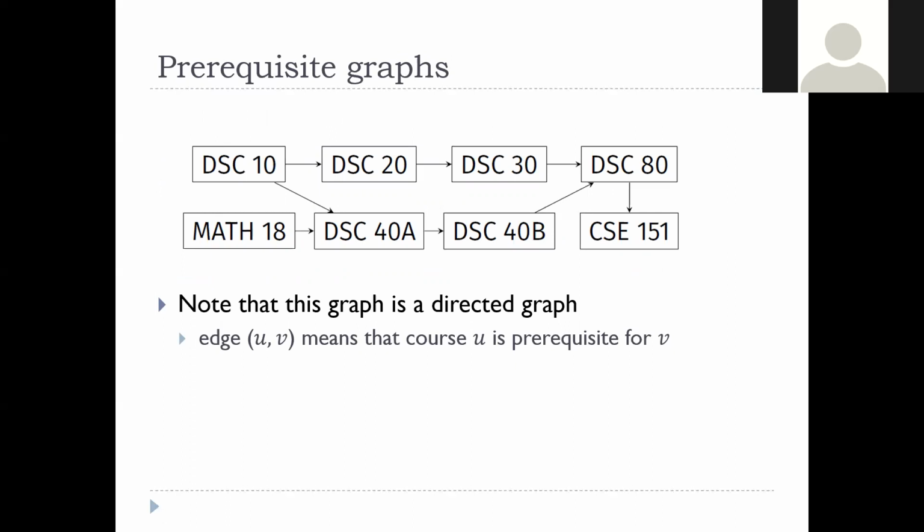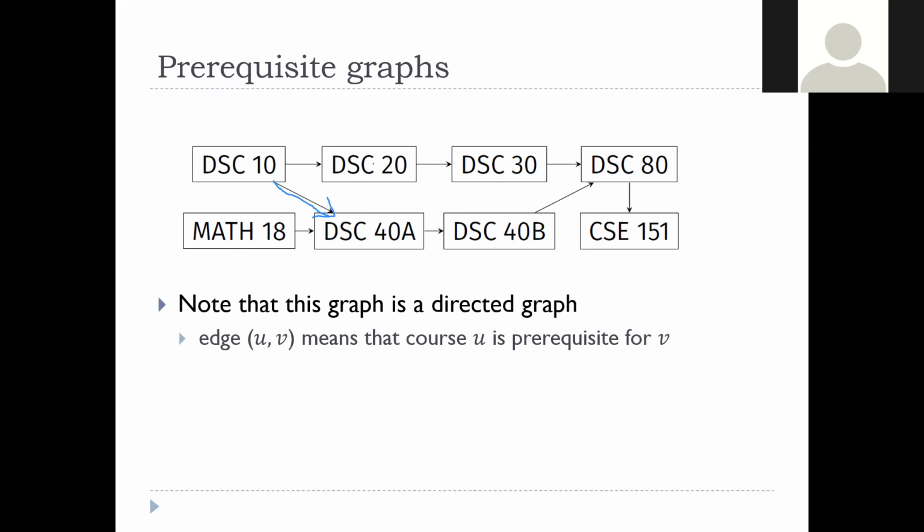Let's consider the following graph. This is basically, when you take courses, a prerequisite graph. Every node is a course, and an edge from U to V means that U is a prerequisite for course V. For example, we have to first take DSC10 before we can take DSC40A.